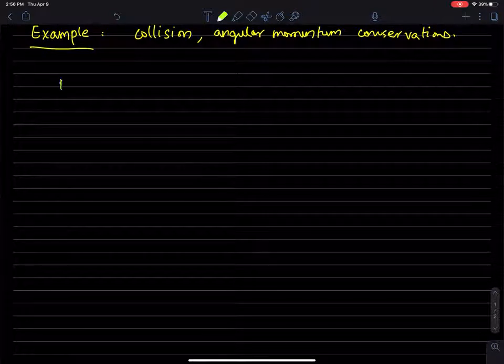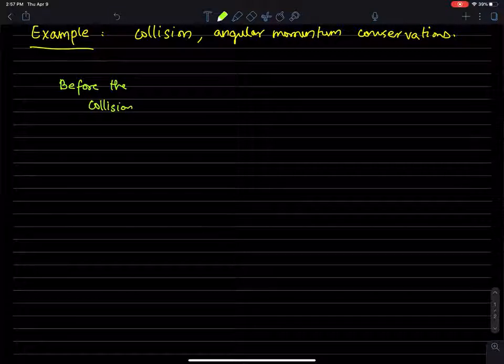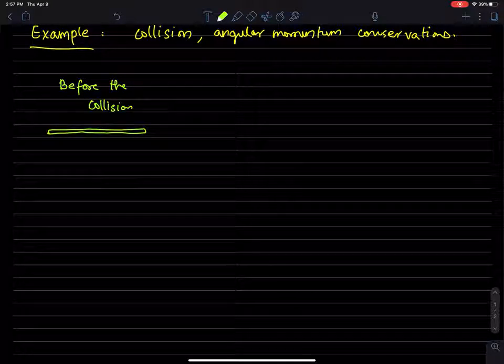So before the collision, let me just set it up like this. A pencil, this is a pencil, or a uniform bar.